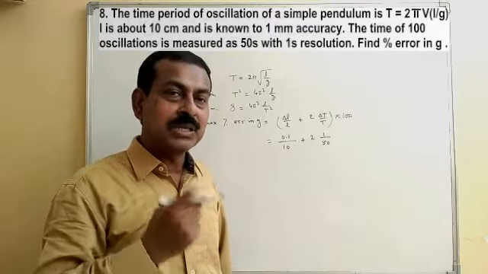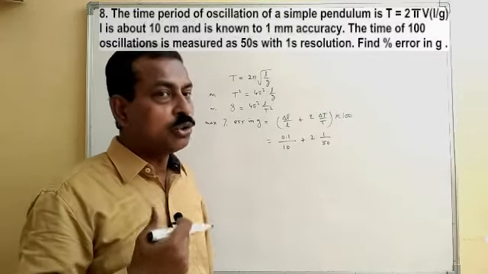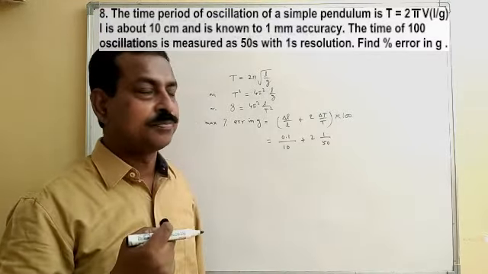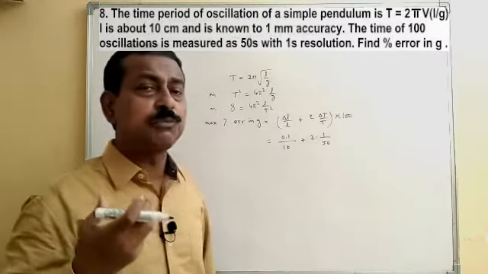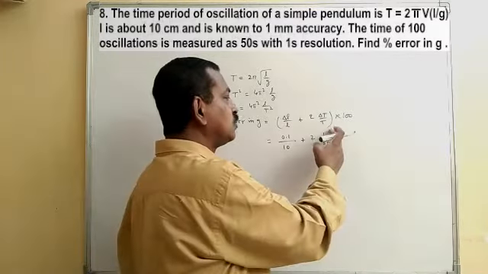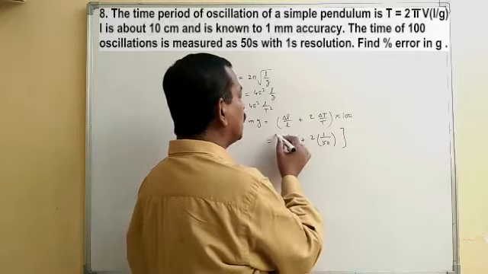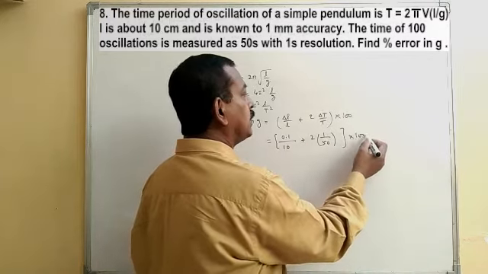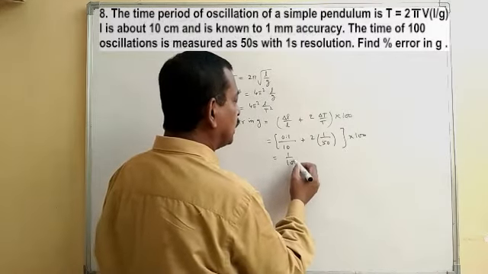And they have measured that with the help of a stopwatch whose resolution is 1 second. So in that case, the maximum error possible with that stopwatch is 1 second. And in that case, it is 1 by 50 they are taking. This whole term multiplied by 100. And this is taken as 1 by 100.